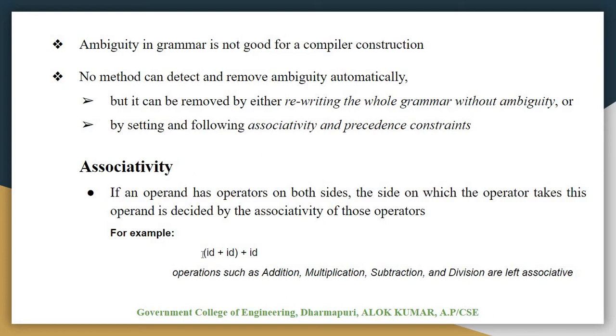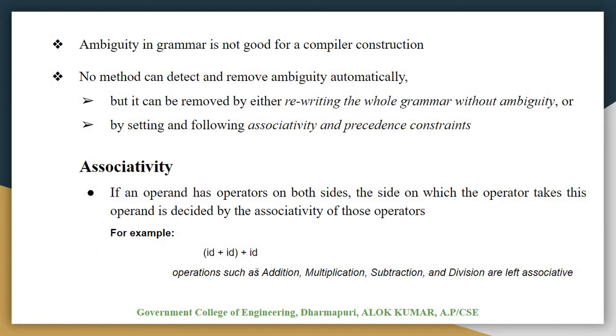Suppose we add these two, ID plus ID, first, and after that we add the remaining ID with that addition. Or we can add the last two at a time. So based on this we have to see the associativity.